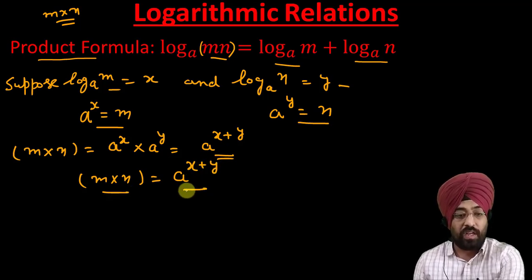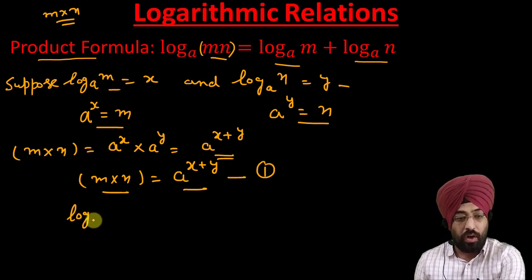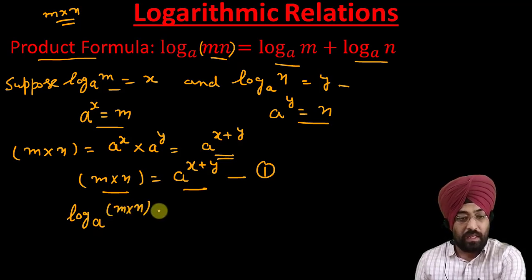Now this is the exponential form. Let us try to convert this into the logarithmic form. Convert this equation number 1 to logarithmic form. It becomes log of m cross n with base a is equal to x plus y.